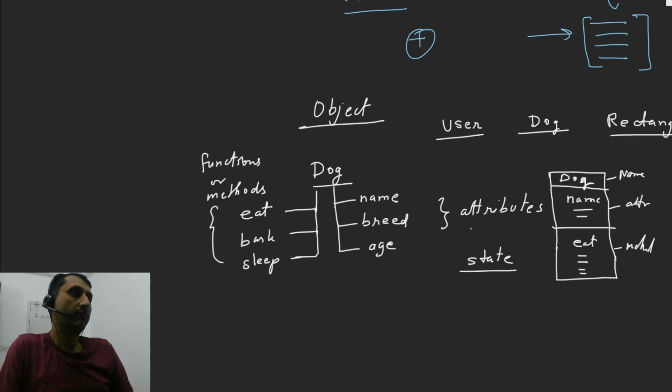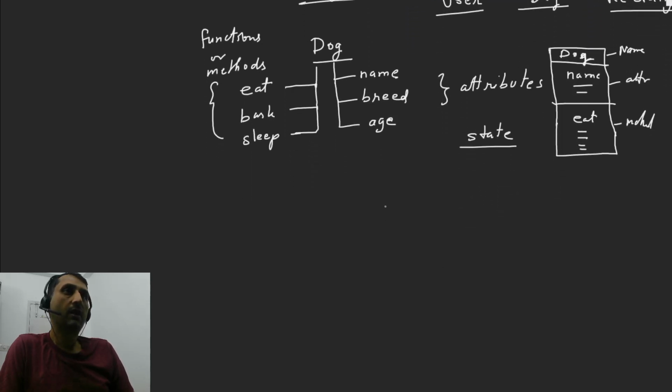Apart from dog, if we take an example of a rectangle, it is not a physical entity, but it's kind of an understanding of shapes. So it's a geometric shape. So what can a rectangle have as attributes? Rectangle can have length, it can have breadth, then what else can it have?